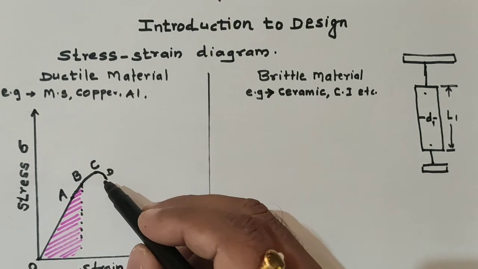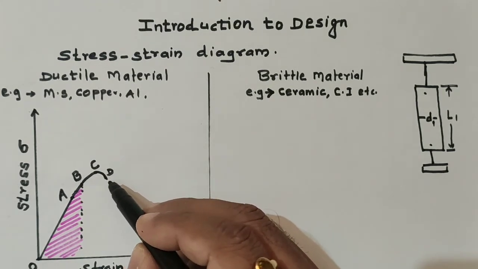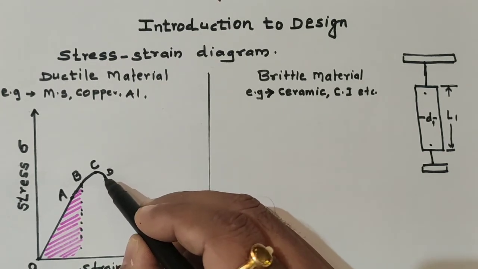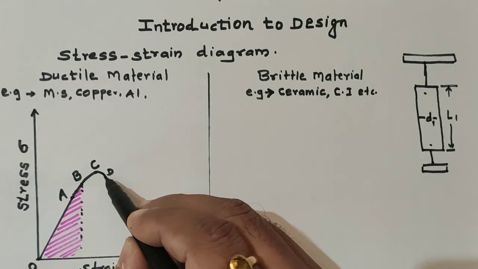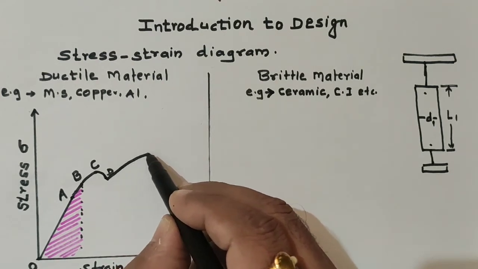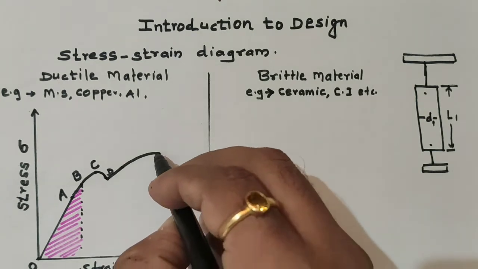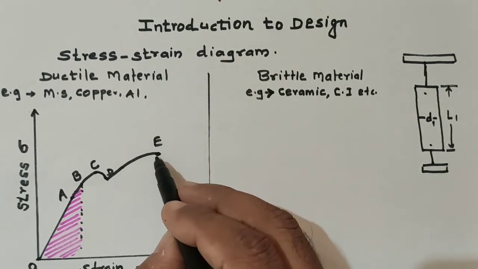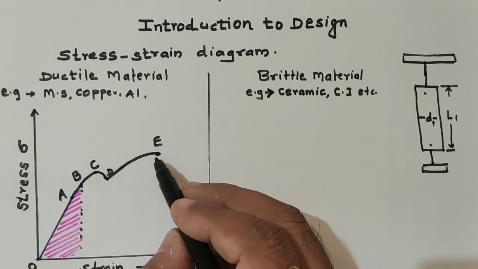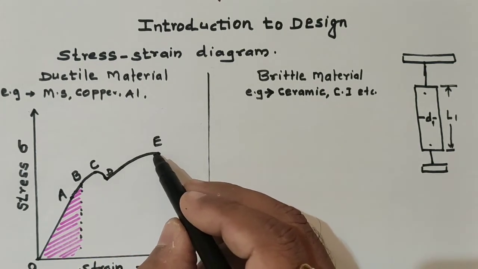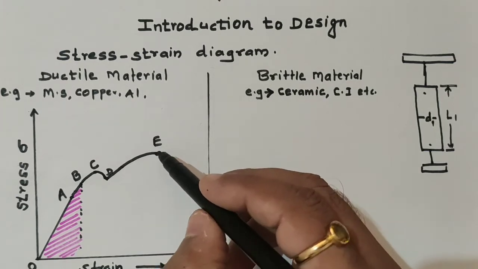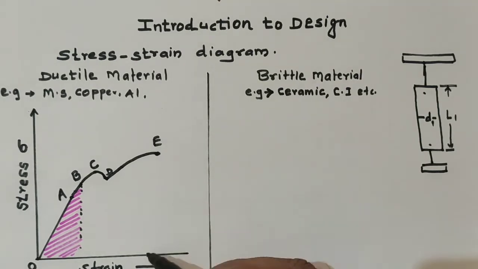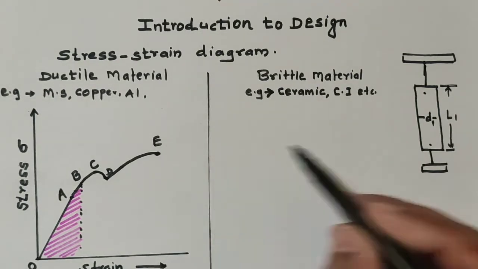If we further increase the load beyond point D, there is an increase in the stress up to the point E. Now this graph reaches the maximum value of the stress at point E. So this is the ultimate stress of this curve, and that is known as the ultimate stress. Simultaneously the strain increases, which is followed by decreasing the cross section.